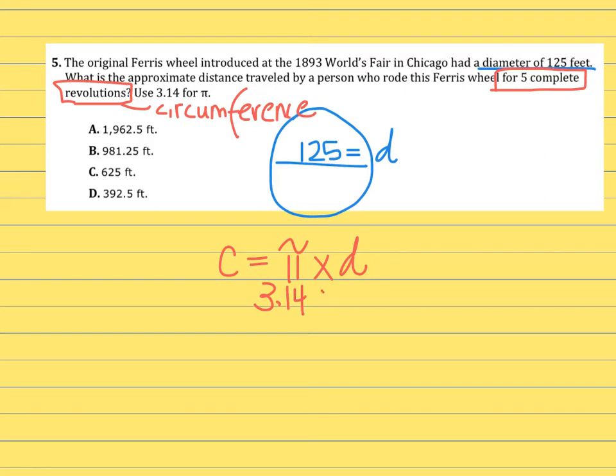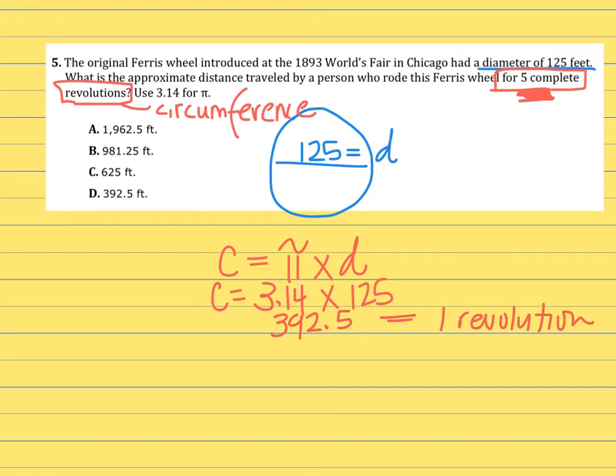3.14 times 125 makes 392.5. Okay, this is only for 1 revolution. But the question says they went 5 revolutions, 5 complete times.